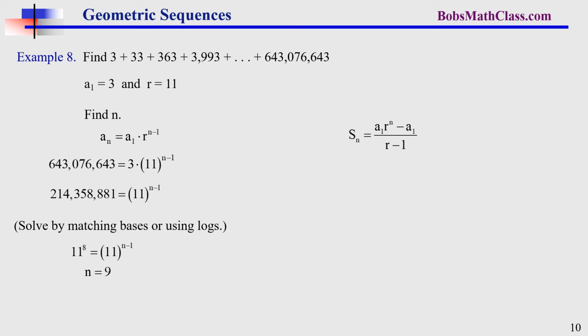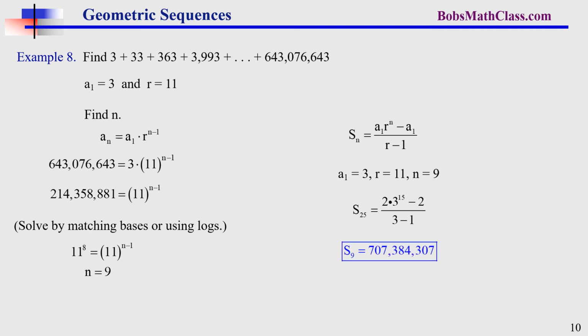So now we can use our sum formula. Insert our a1, our r, and our n into the formula. And then use your handy-dandy calculator, and you should get 707,384,307.